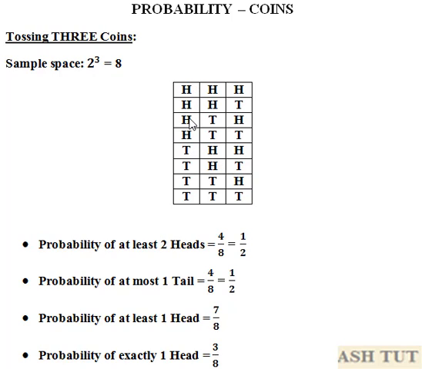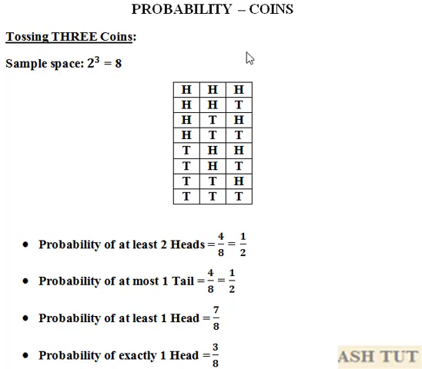In the first column you can write 4 heads and 4 tails, and in the next column you can halve them. There are 4 heads, so you can write 2 heads, then 2 tails, then 2 heads, then 2 tails, and for the final column also you can halve this. 2 divided by 2 is 1: 1 head, 1 tail, 1 head, 1 tail, and so on. You can make this sample space.